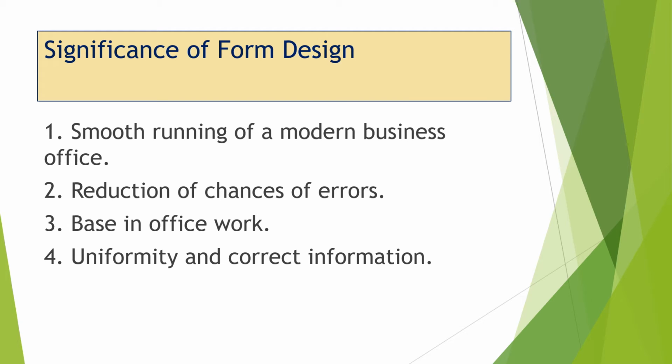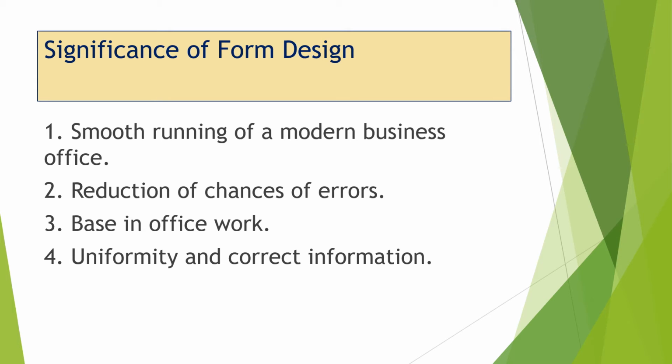Next point is reduction of chances of errors. These forms bear the necessary information on them, and therefore the chances of errors are reduced, as they provide detailed, correct information. Next is ease in office work.